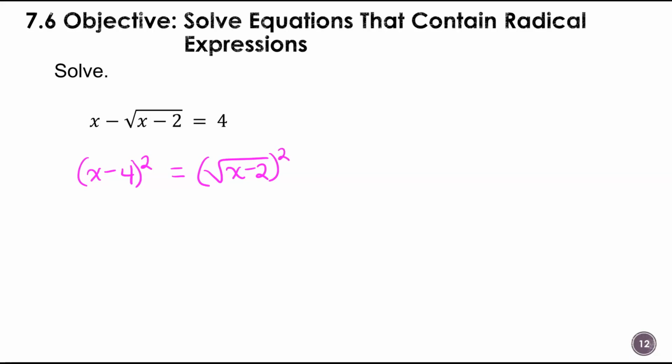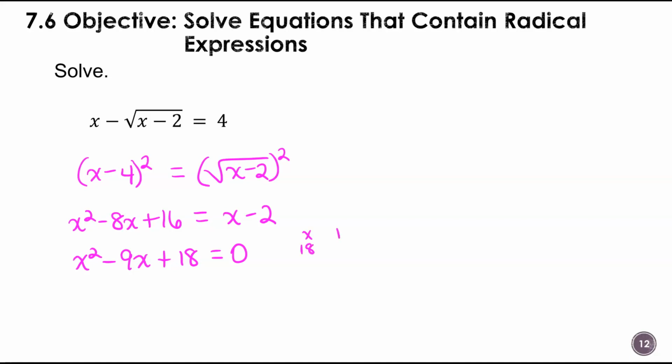Remember, we're squaring a binomial, x minus 4 times x minus 4. So that's x squared minus 8x plus 16 equals x minus 2. Subtract the x and add the 2 so that we can set this equal to 0. And then we can factor to solve. So we're trying to find factors of 18 with a sum of negative 9.